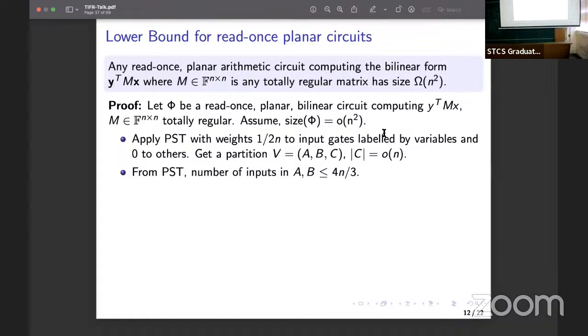From it, we know that the sum of the weights of A and B has to be at most 2/3. So the number of inputs, x1 to xn and y1 to yn, in each of these parts can be at most 4n by 3, because each got weight 1 by 2n and the total weight has to be at most 2 by 3. This proof is like an exercise.